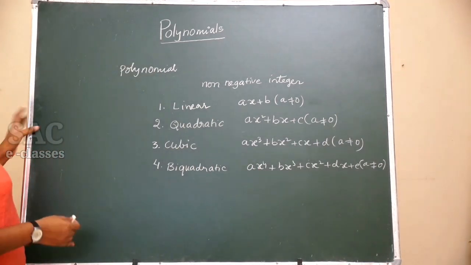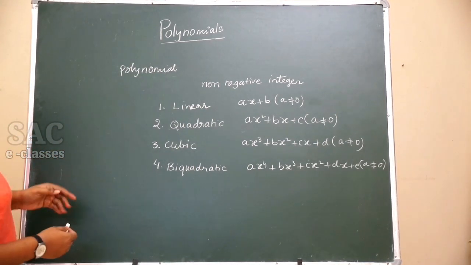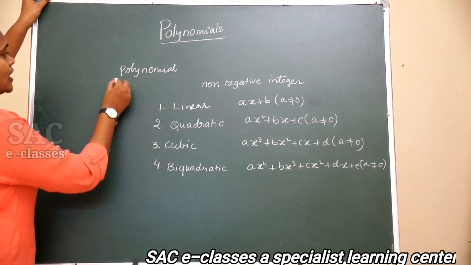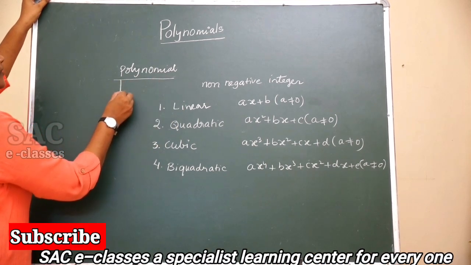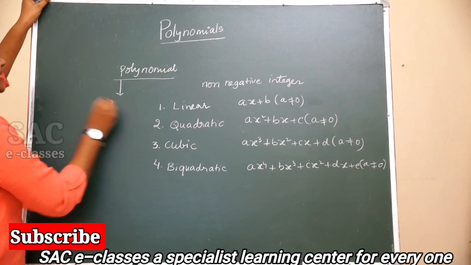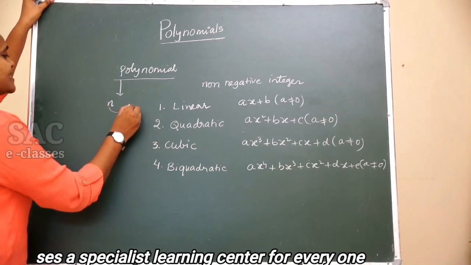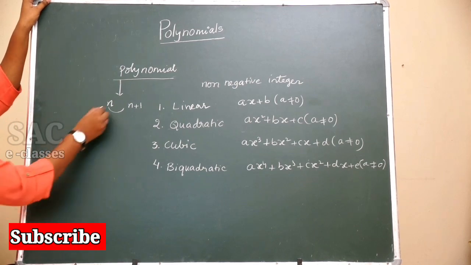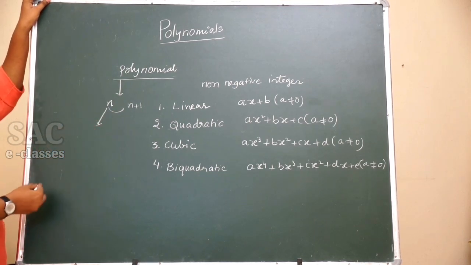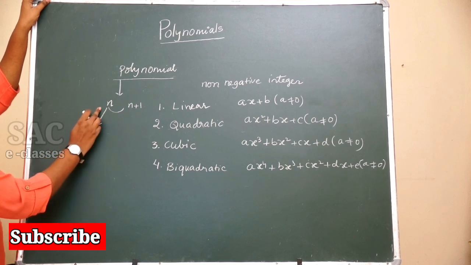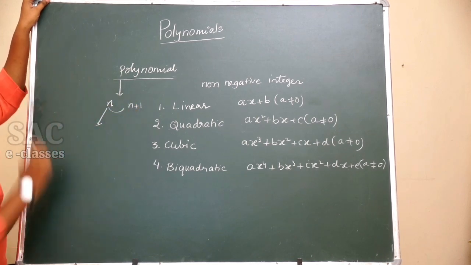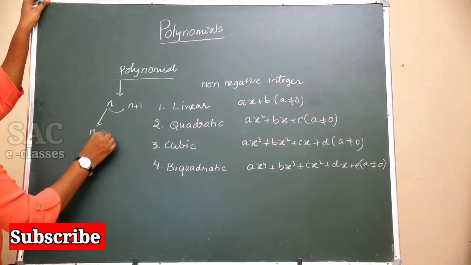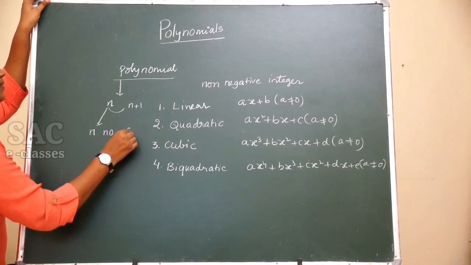Even in the first part we learned that if a polynomial has degree n, it has a maximum of n plus 1 terms, and also n number of roots will be possible.